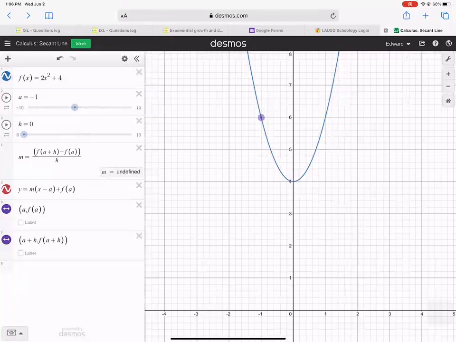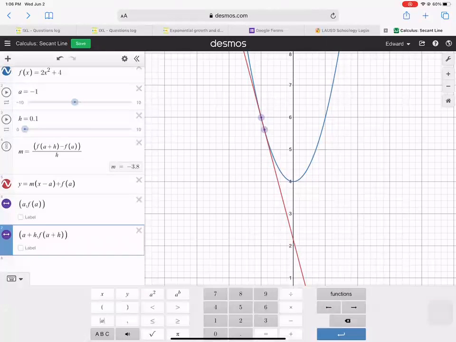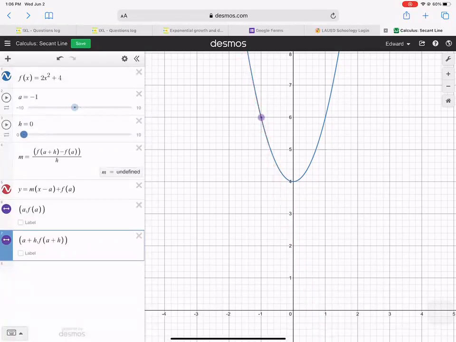At -1, my slope is going to be, I want to give myself a small edge here. And this is an easy way for us to look at it. No, too much. So I'm trying to get the h to be as small as possible.